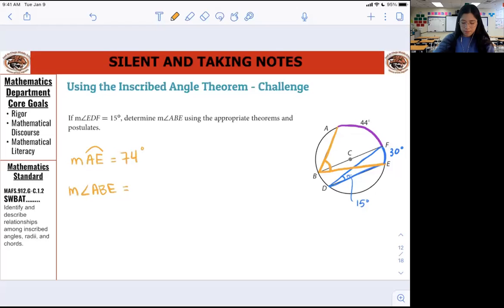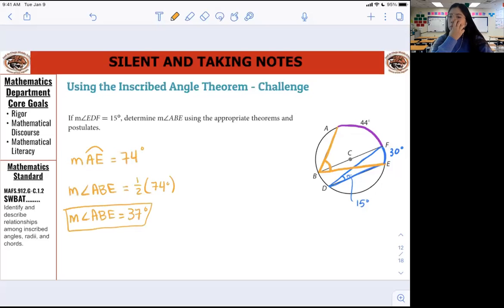How did you get 37? Okay, so ABE would be 1/2 of 74 degrees. Okay, any questions on this one? There's another way you could have done it, but does anyone have any questions on doing it this way?